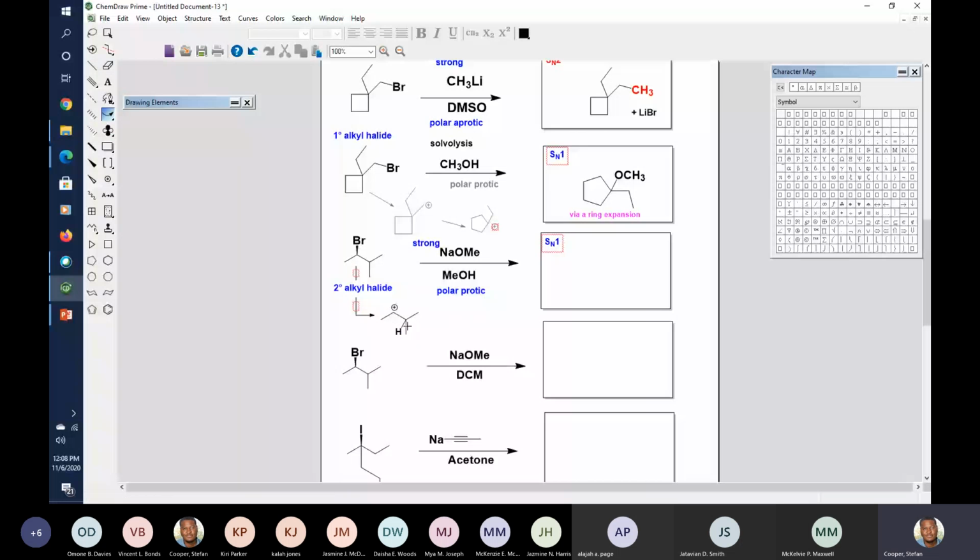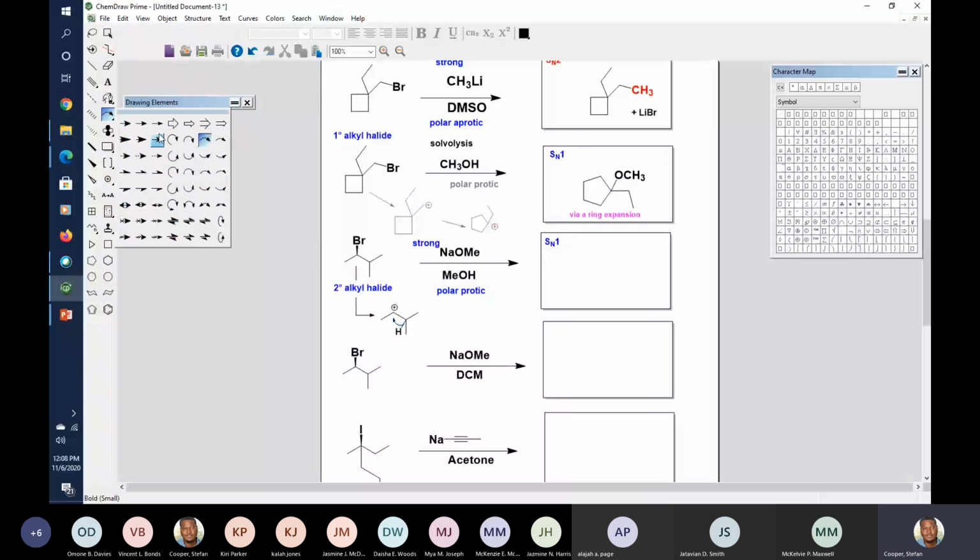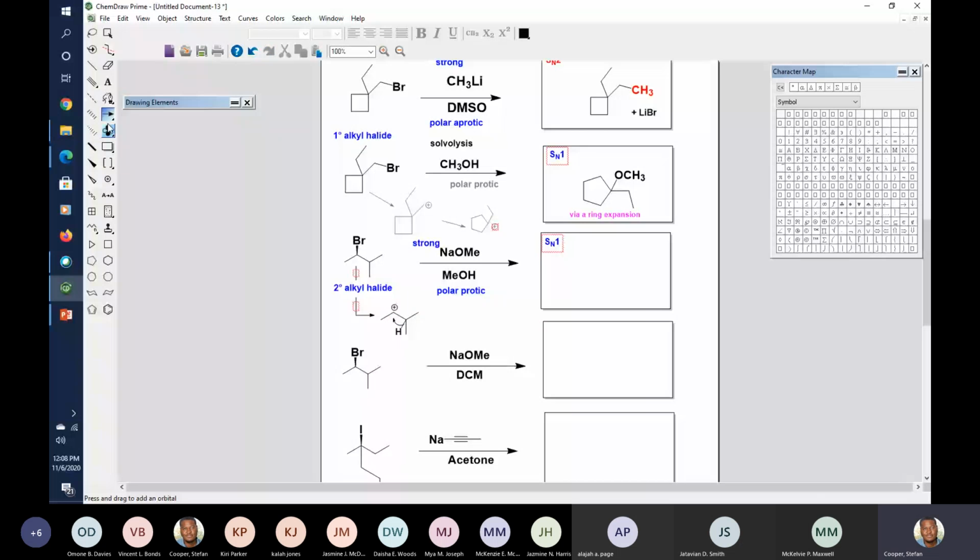This hydride is going to move over here. I'm going to generate now this carbocation. My plus is now there.